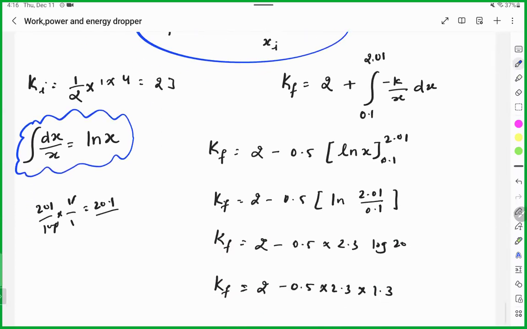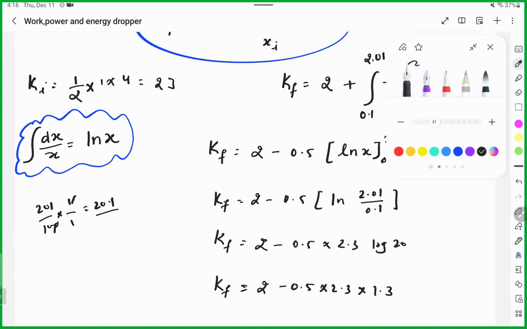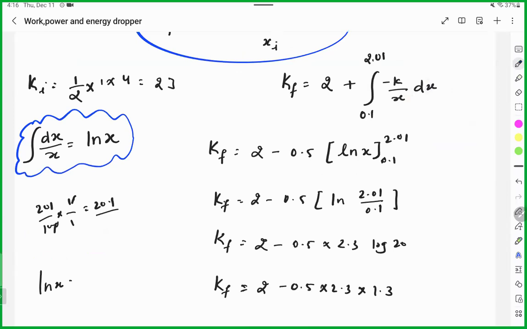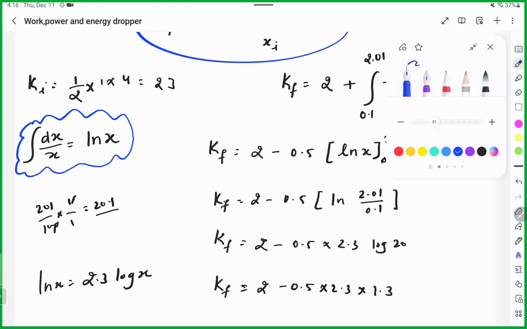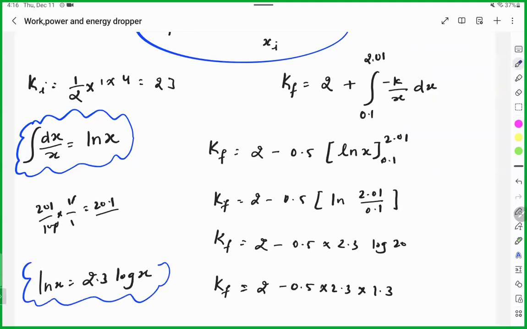Everything else is normal. You should know natural log x is equal to 2.303 log x. And I guess all of you know that, right? Natural log x is equal to 2.303 log x. Correct? You will calculate the final value of kinetic energy. From that you can calculate speed. Any doubt?